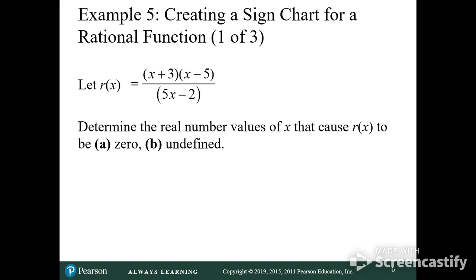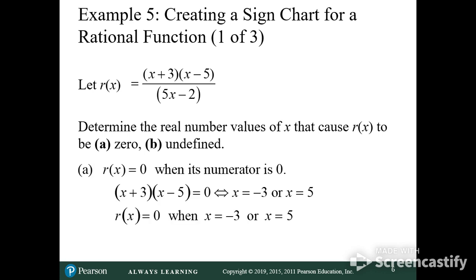Now, if you have one of these, you make your number line, and you're going to put it 3 places. Let's say that it's less than or equal to 0. Well, my roots are -3, 5, and then you have to find this one too, which would be 2/5.